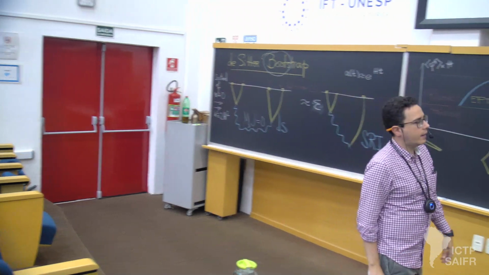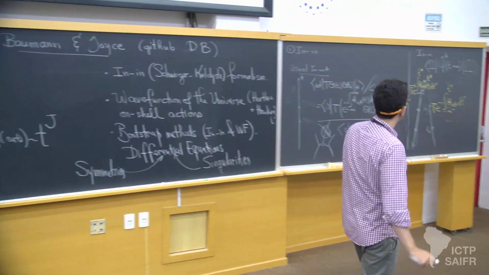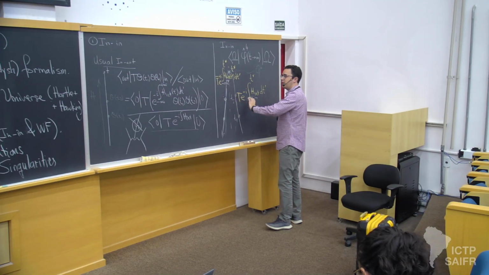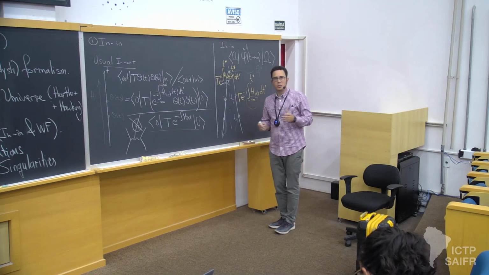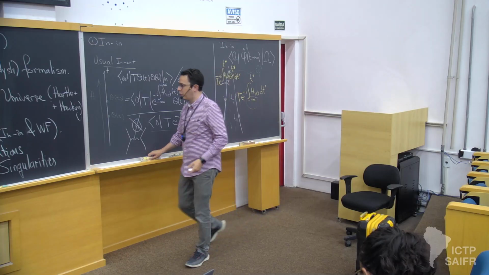We like to say that we double the number of fields. So you double the number of fields, you double the number of propagators, you double the number of time contours. So the work is a little bit more complicated, but not much more complicated.